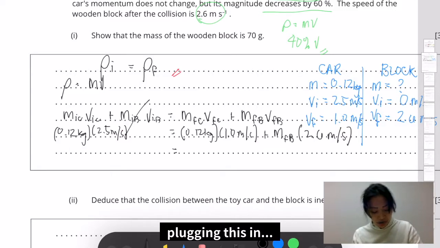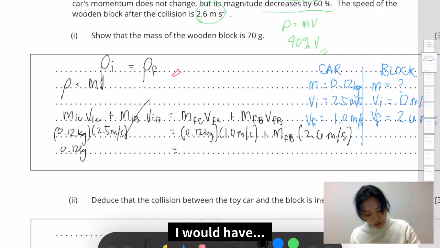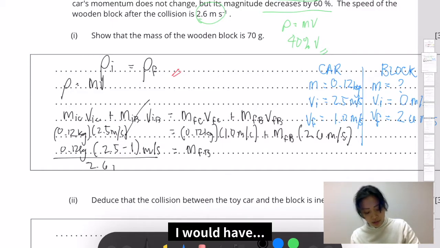So plugging down, I would have the mass of the block equal to 0.12 kilograms times 2.5 minus 1 meters per second, divided by 2.6 meters per second.